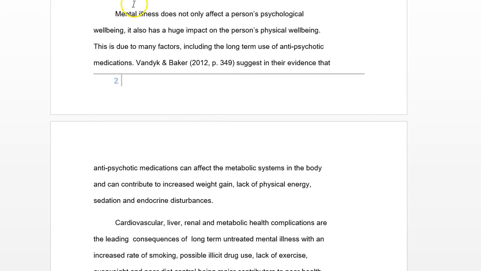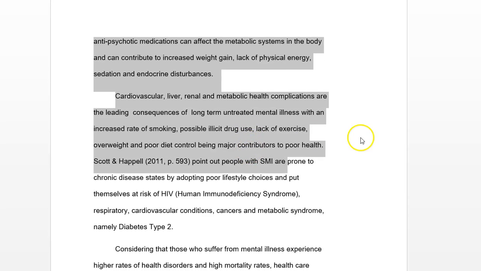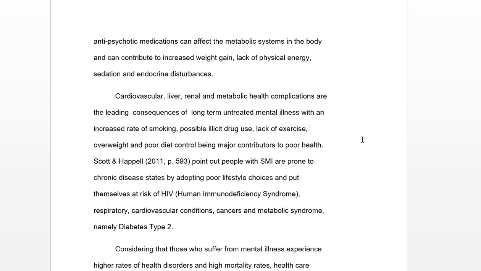Now, here's where this person starts to fall into the content. All of this stuff that I've highlighted here is the content, and it comes directly from the article and from other pieces of literature in the area. What they did was fall into the idea of doing the literature review.